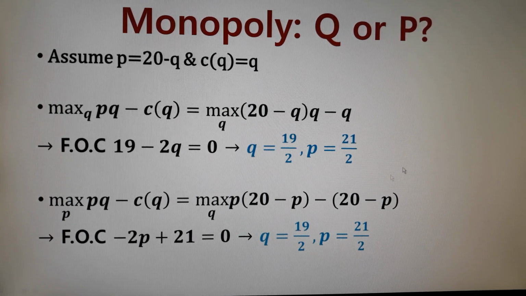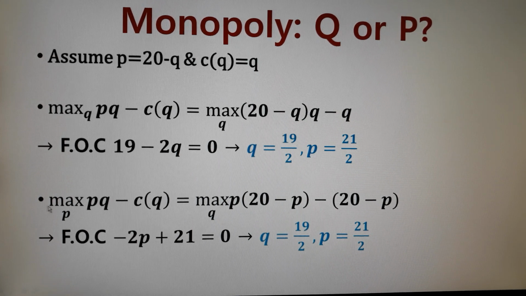That would be the profit. So we got the profit 19 square over 2 square, when the monopoly company used the quantity Q to maximize the profit.